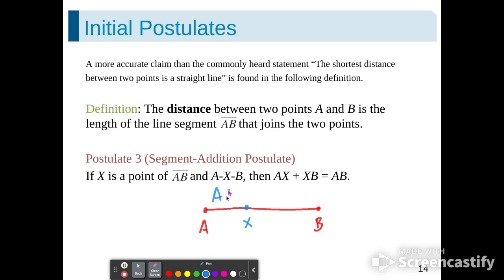Then the measure of AX and the measure of XB, added together, are naturally equal to the measurement of AB. It's so intuitive, you're like, oh, why do we need to talk about that? But it's because we need these rules, these definitions, these postulates to make sure that we're applying things correctly.